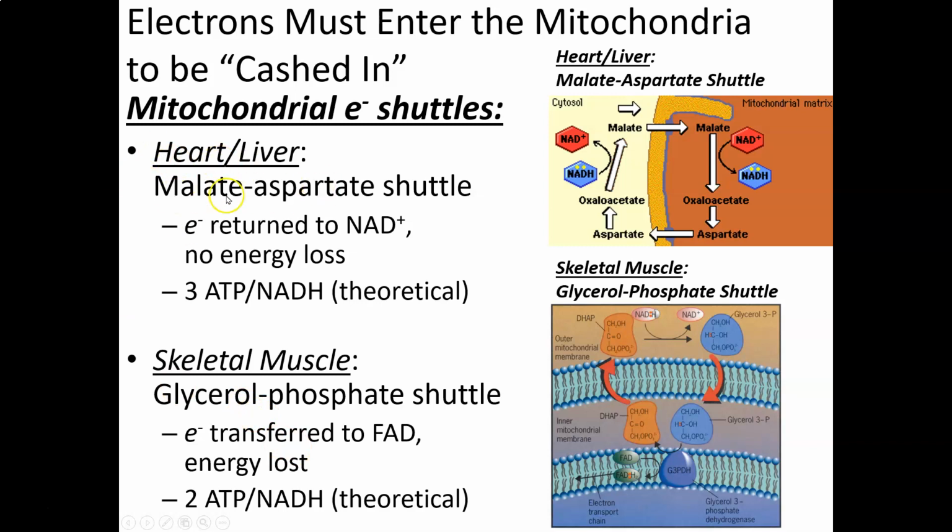In heart and liver, we use the malate aspartate shuttle, and for every NADH we have, we get an NADH inside the mitochondria. In skeletal muscle, we use the glycerol phosphate shuttle, and for every NADH we have outside the mitochondria, we only make FADH2 inside, so we only get 2 ATP per NADH molecule instead of 3 like we do in the heart and liver using the malate aspartate shuttle.